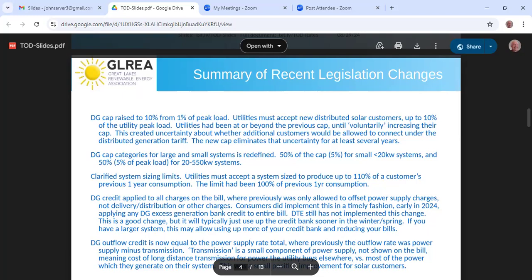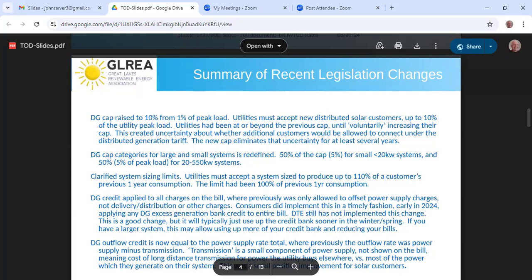So that's good. Consumers have already implemented this. DTE, as usual, has not done this yet. I think that they are supposed to at some point soon. The effect is that you might just use up your credit bank sooner. But if you have a large credit bank, a large system, then you might be able to use that to pay the rest of your bill also.